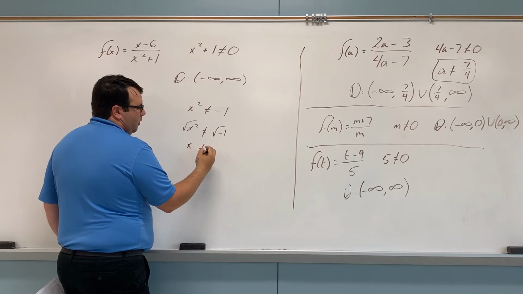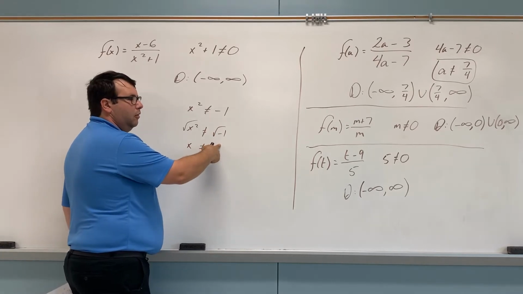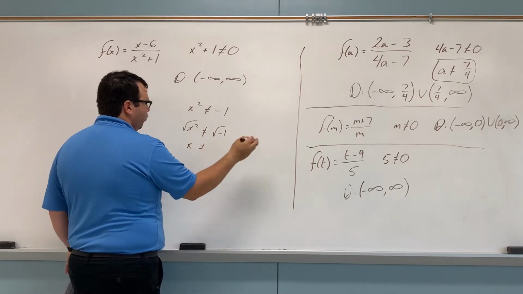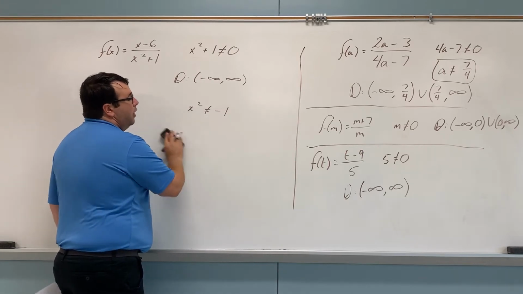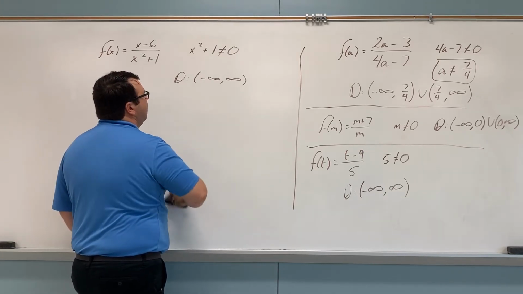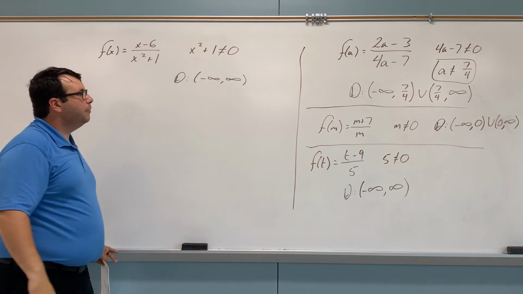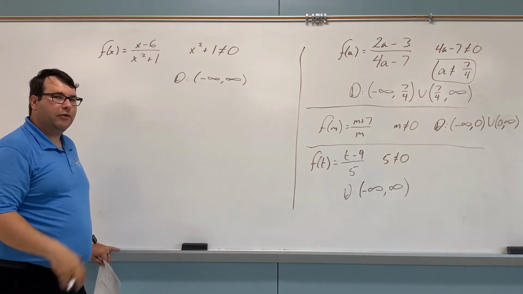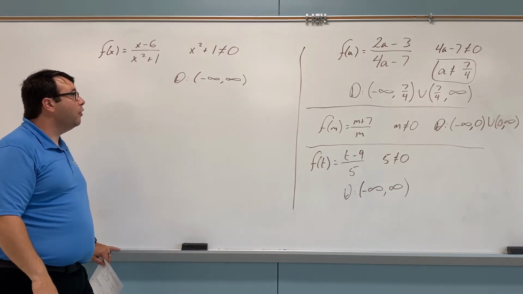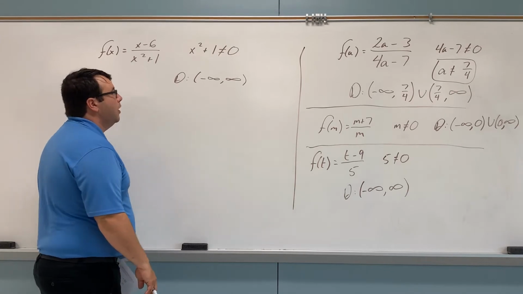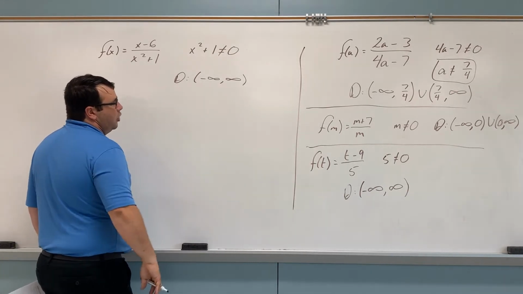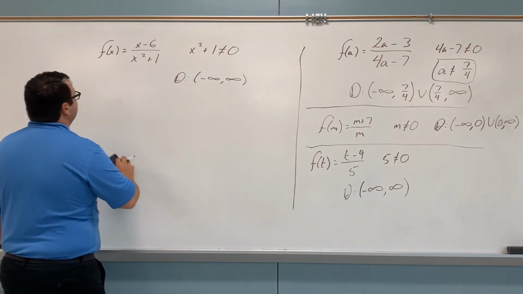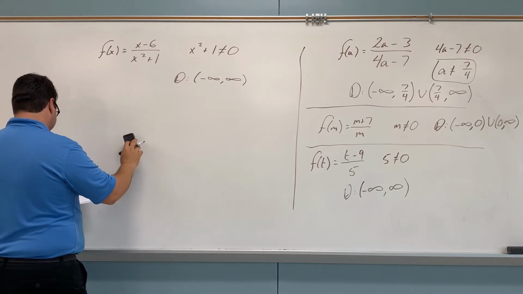Oh no, that breaks down. Ugh, that's not even real. So, no, there's nothing that you can do with this problem. I suggest sticking to the factoring, but if you're one of those square root people, you could look at it that way too. So you do still just have a domain of negative infinity to infinity.